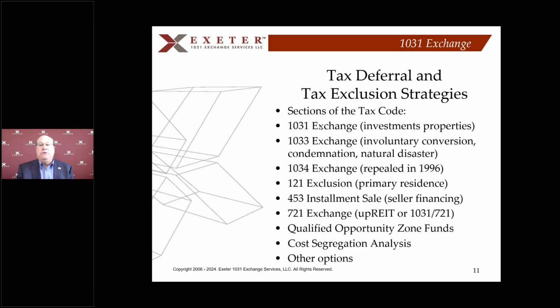The 1033 is one that a lot of people have not heard of. 1033 exchanges come into play in two scenarios. One is natural disaster, fire, flood, hurricane, tornado, etc., where the property is fully or partially destroyed. You submit a claim to your insurance company. They issue you a claim check.